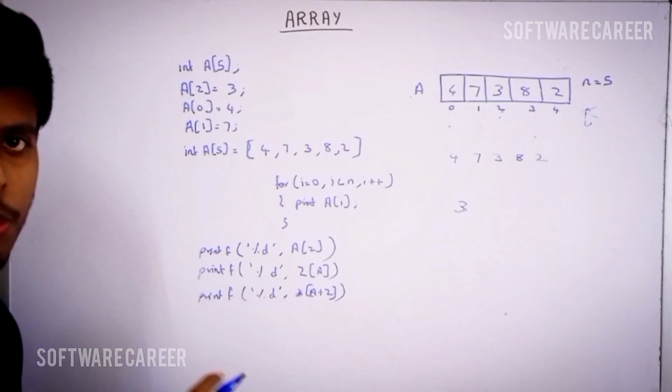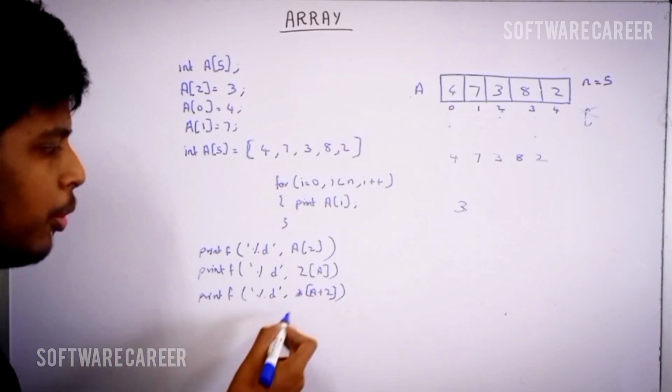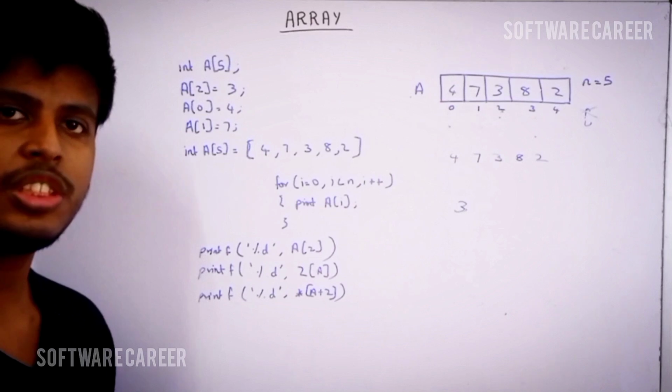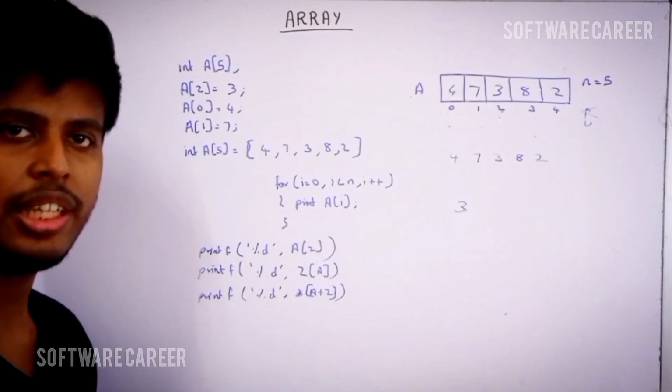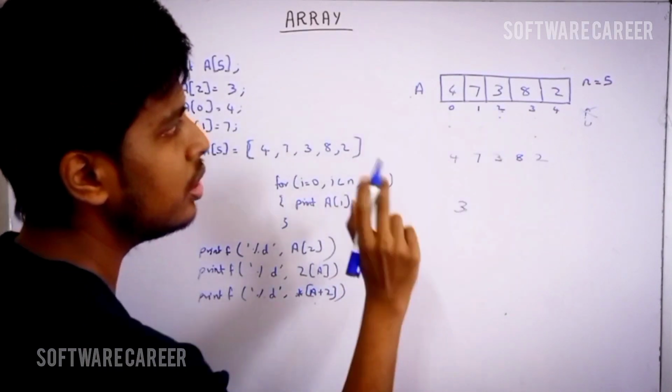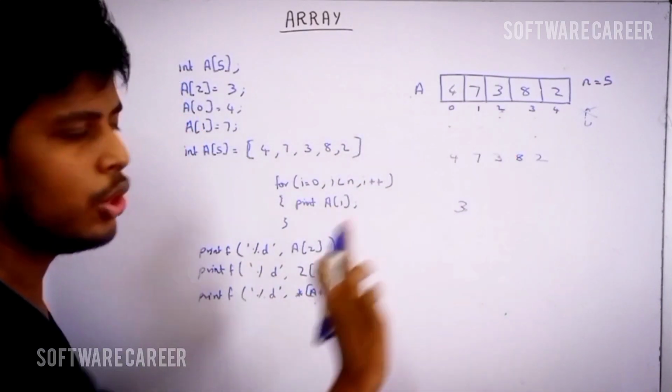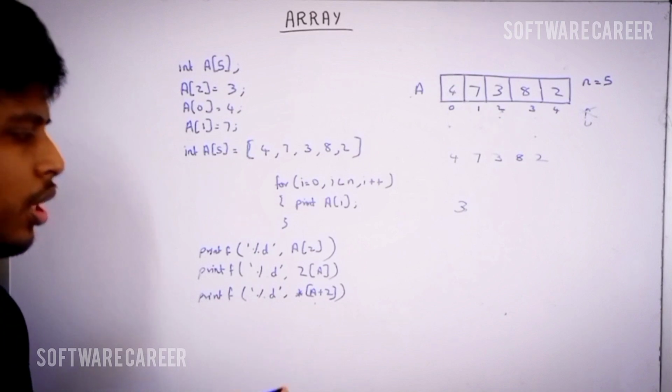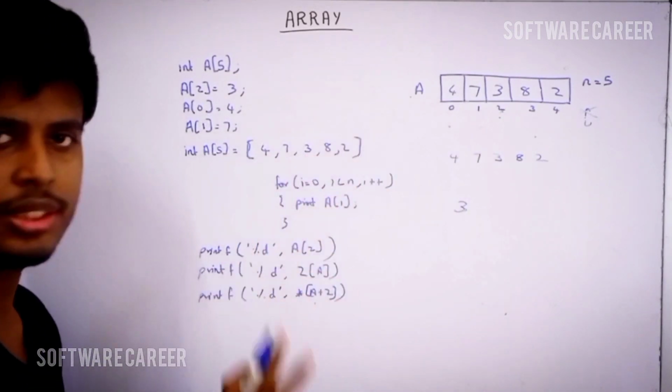This symbol is a pointer. I will discuss pointers in the next class. A pointer is a variable which is used to store the address of another data. So pointer of a plus 2 also gives output 3. This is also how you can print the element at that index.